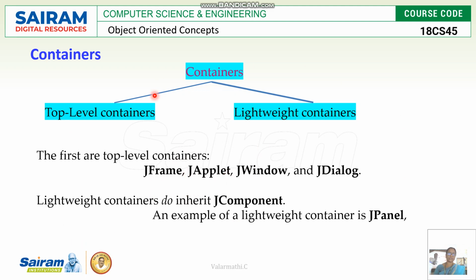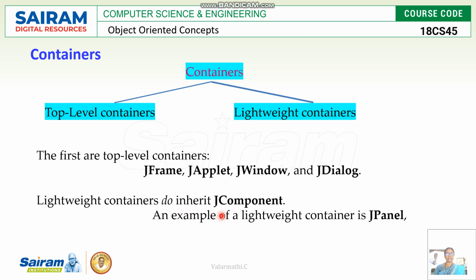Using the applet, you can add more components. Using JWindow, you can add components like text field, scroll bar, combo box, list box, and panels also can be combined in the window, and a dialog box can also be made as a top level container.